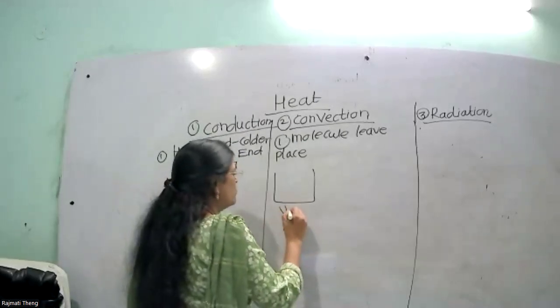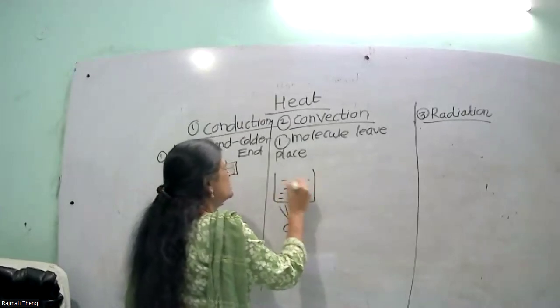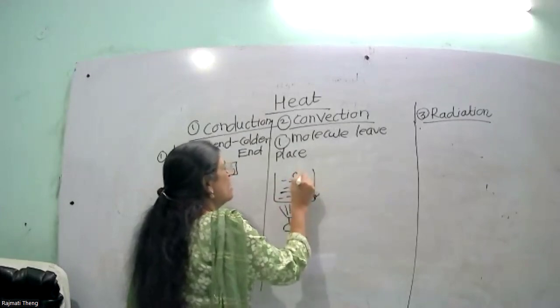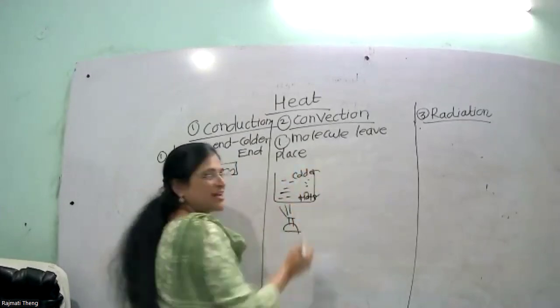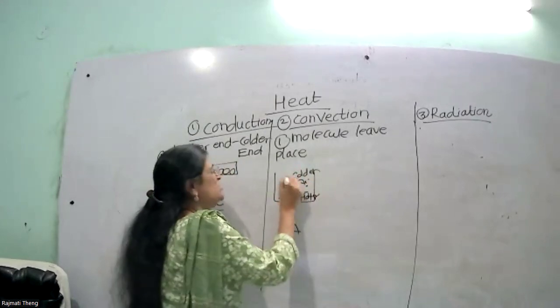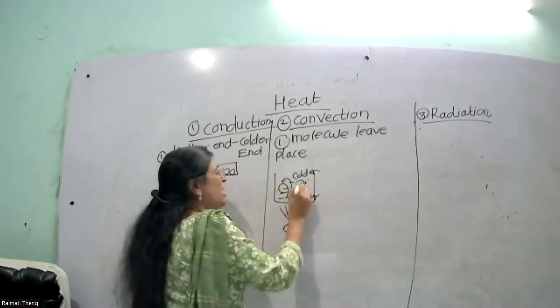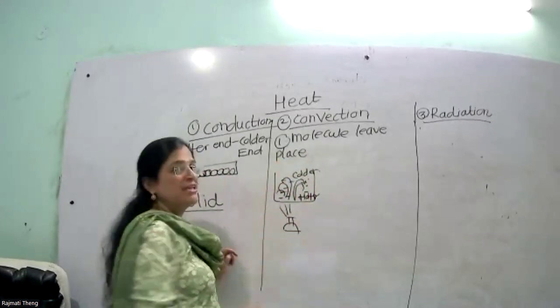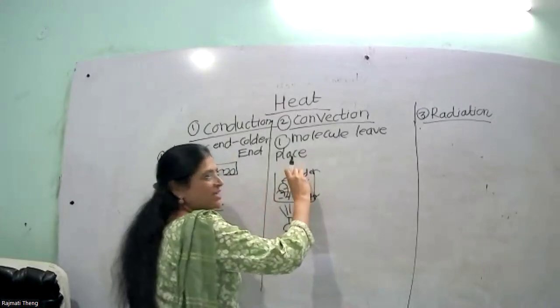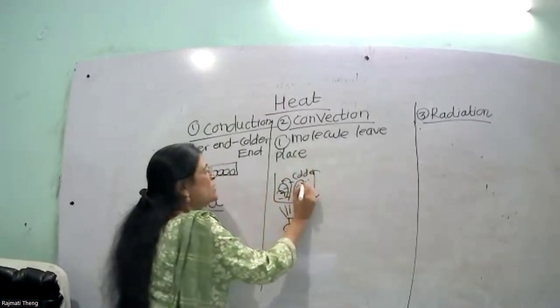Suppose we have given the heat to the water, so lower part is hotter region and upper part is colder region. So heat moves from hot to the cold region, and molecules leave their place. जो bottom के molecule है upper side जाते हैं, upper के molecule lower side आते हैं.